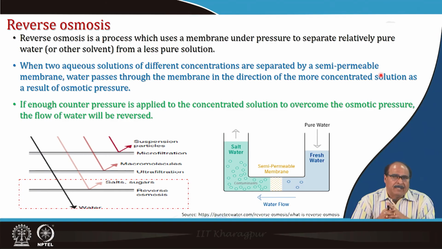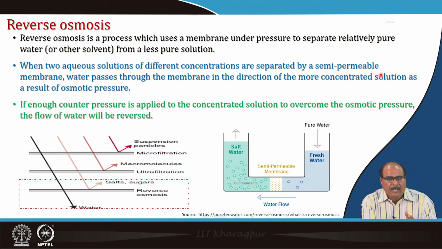Now, another important method of removal of water, particularly for fruits and vegetables, is reverse osmosis. Reverse osmosis is a process which uses a membrane under pressure to separate relatively pure water or the solvent from a less pure solution.